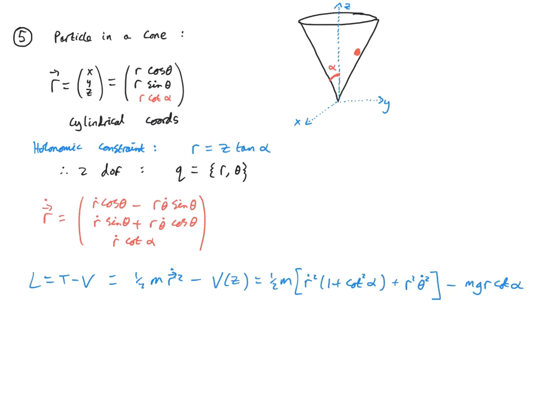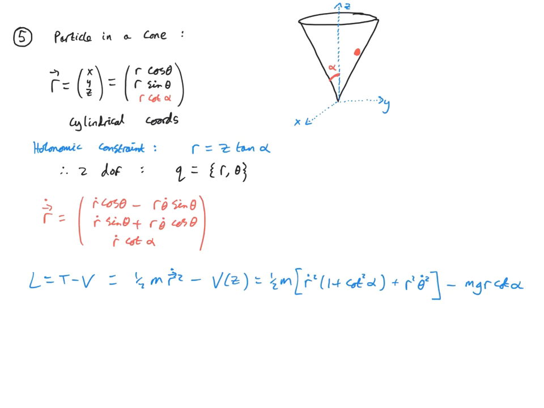Notice in this expression that r and theta are the generalized coordinates. We have a parameter alpha here that is just simply a constant. Notice that in our Lagrangian, theta is a cyclic coordinate. Theta does not appear in this expression. Theta dot appears, but not theta itself.